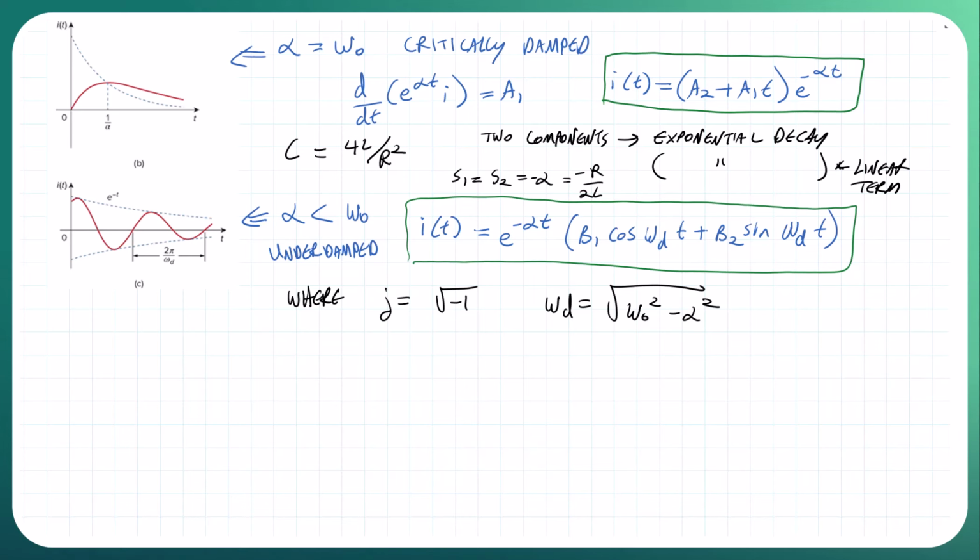Okay, so omega naught in this case is going to be the undamped natural frequency, and omega d is going to be the damped natural frequency. Let's go ahead and write this down. This is going to be the damped natural frequency. Okay, and omega naught in this case is going to be the undamped natural frequency.